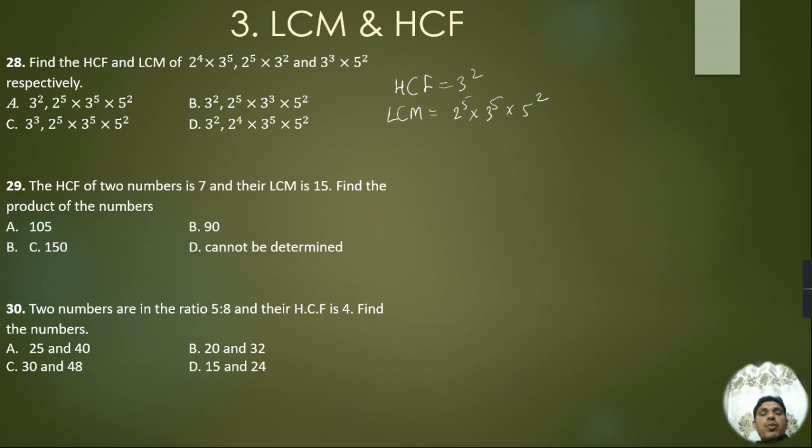Coming to the next question, question number 29. The HCF of two numbers is 7 and their LCM is 15. Find the product of the numbers, right?